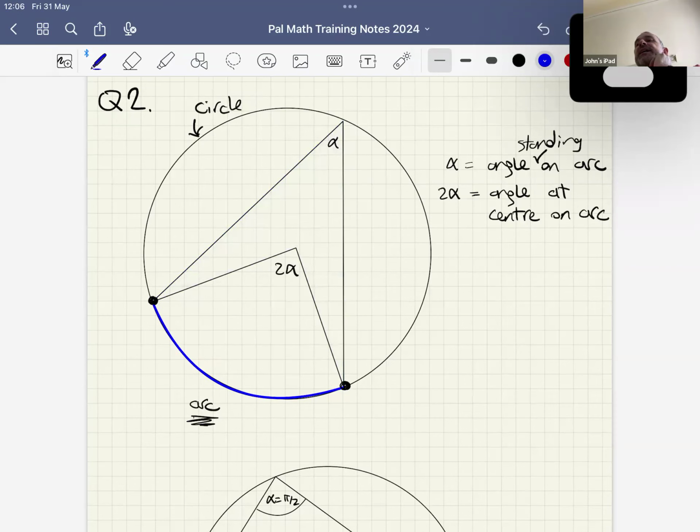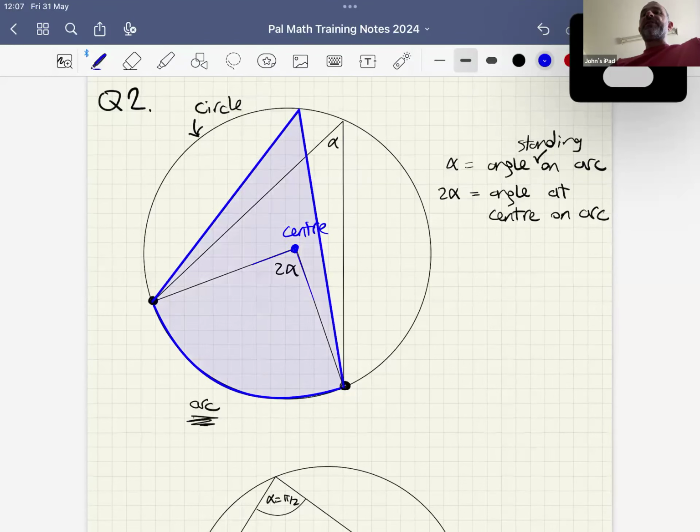And then you've got an angle standing on the arc, but at the center. So I've got the center here. And then you've got another angle here. And the main theorem here is that the angle at the center is twice the angle standing on the arc. And that means that if you move the point here to any other point along the circle, you'll get the same alpha.